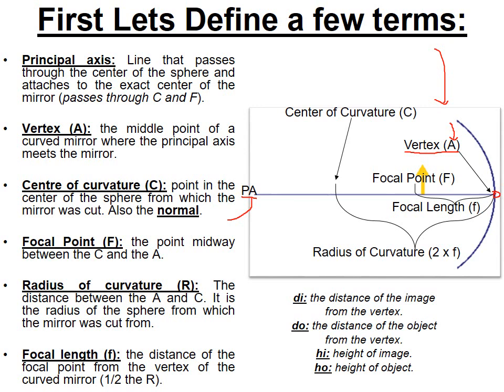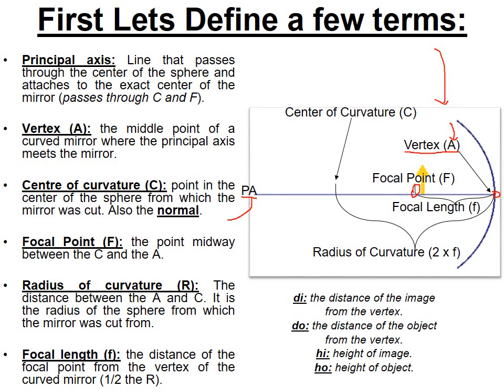Another important point in this diagram is something called the focal point. So over here is our focal point. Different mirrors have different focal points. That's the point where light rays will actually converge to when they shine towards the mirror.